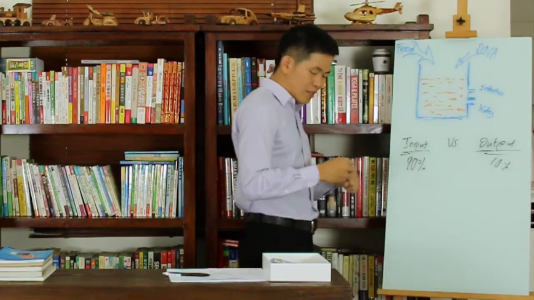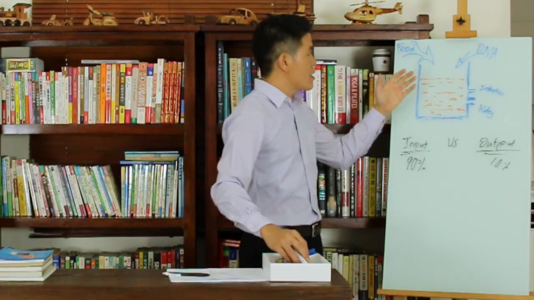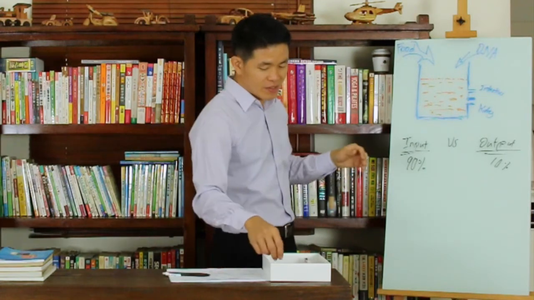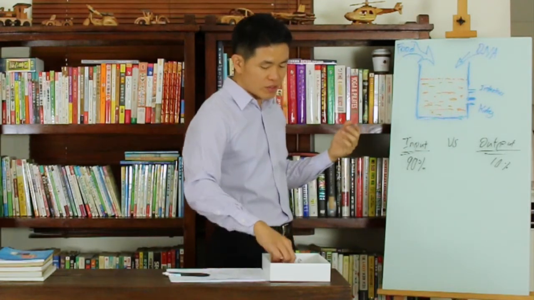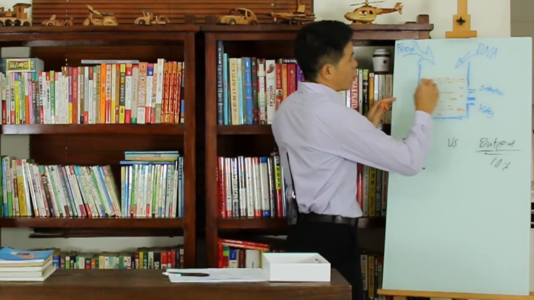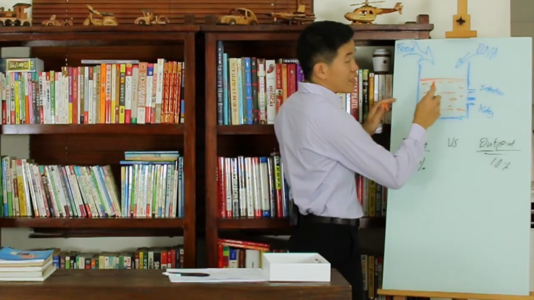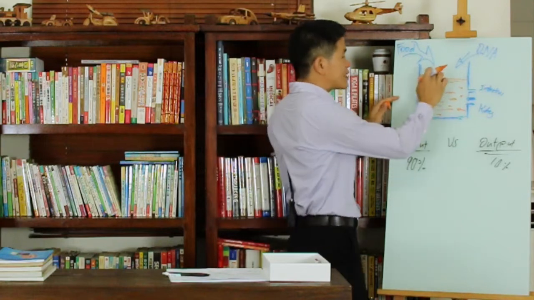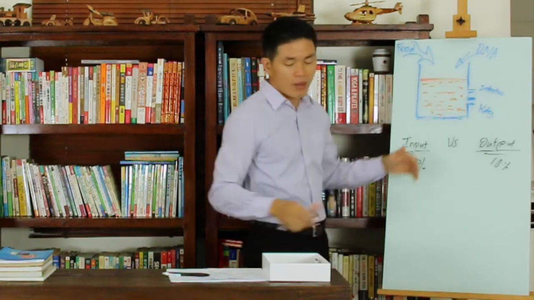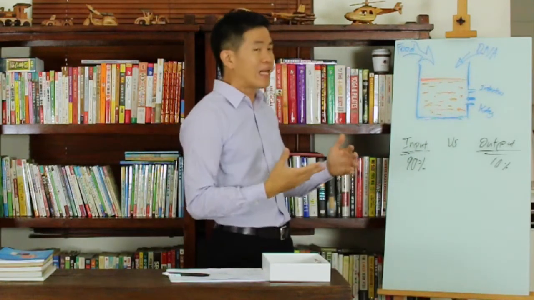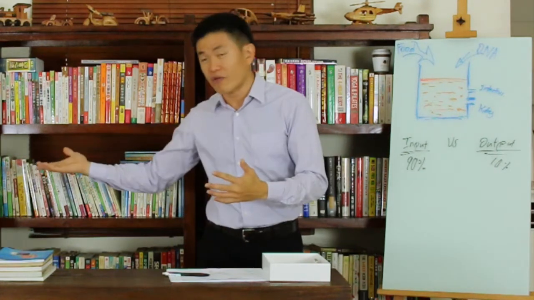Once the uric acid concentration goes above this safety line, this tolerable level, crystallization happens and gout happens or tophi form.